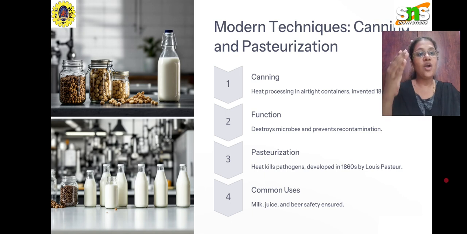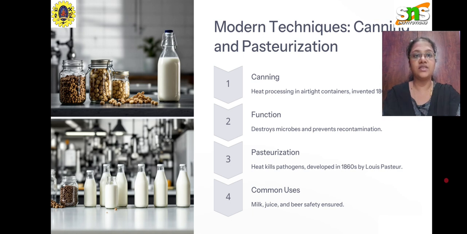In all the modern techniques, the food is packed or subjected to heat, directly or indirectly, to inactivate the microorganisms present and ultimately preserve the particular food material. Commonly these techniques are adopted for milk processing, the juice processing industry, and also in the beverage processing industries.